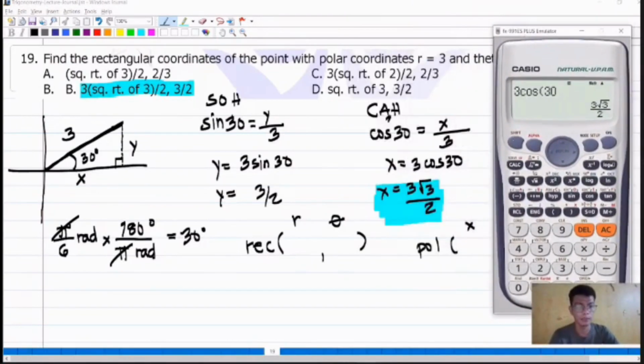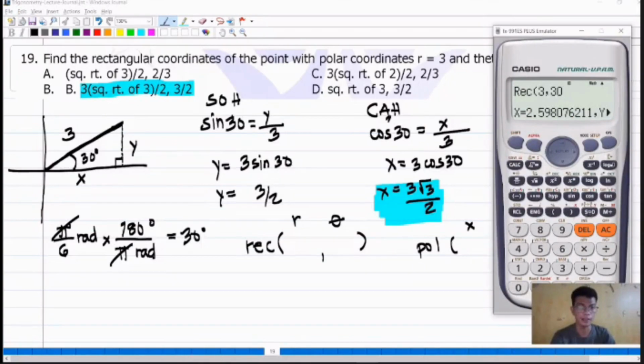So, shift minus, this is what we are looking for. We input r and theta. The r is 3, then comma, and the theta in degrees. Please check whether your calculator is in degrees or radian mode. If it is in degrees, we input 30 degrees.